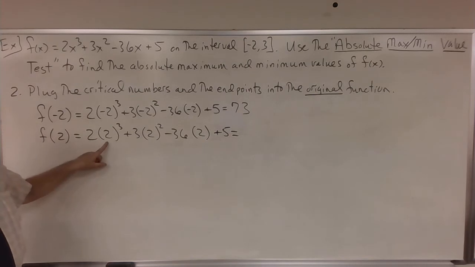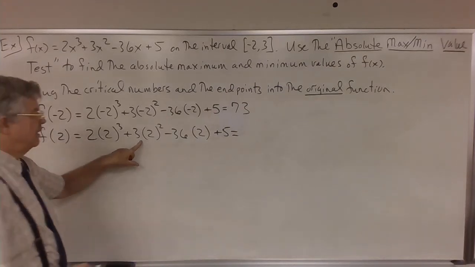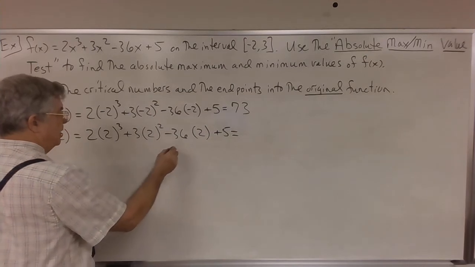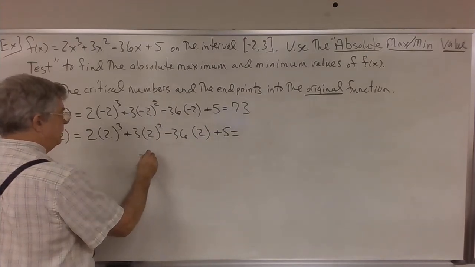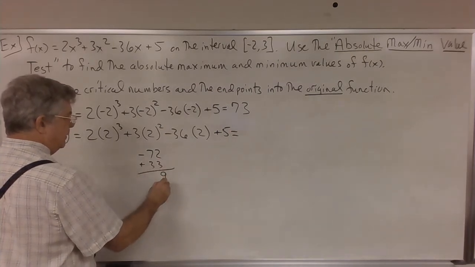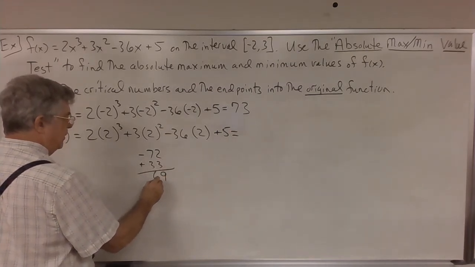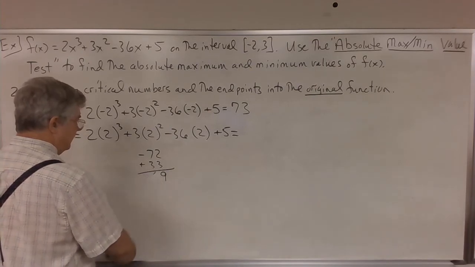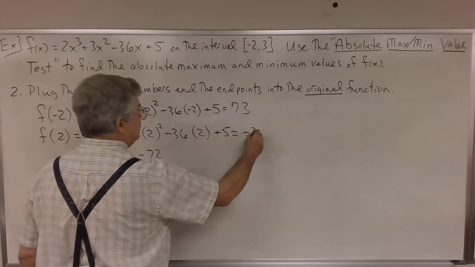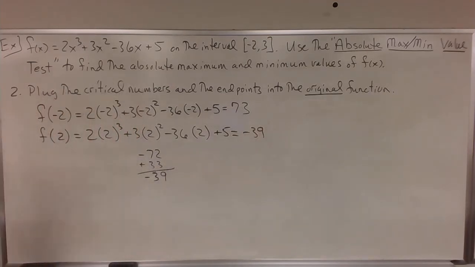Okay, this is 16 plus 12 is 28 plus 5 is 33, and this is -72. So that's -39. I'm thinking -39 for that, I hope.